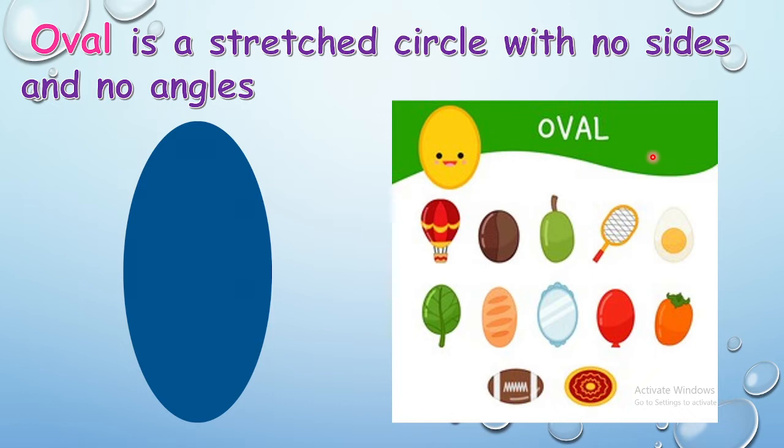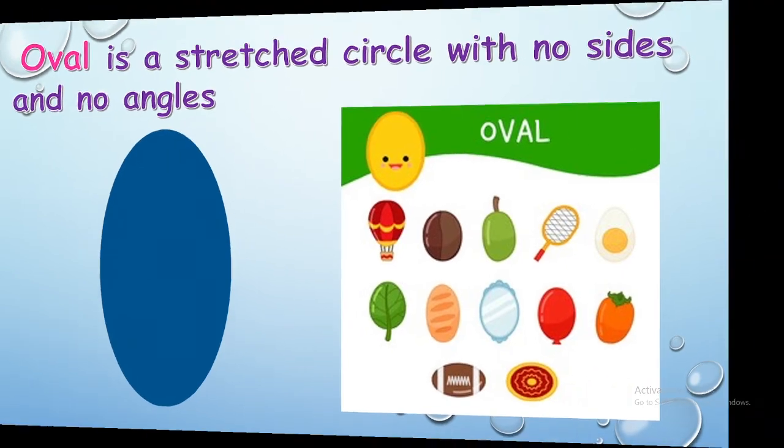Grapes, the leaves, pie. Many things. Okay, now again, we had triangles, quadrilaterals, circle, and oval.